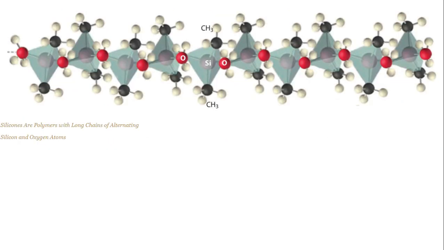In this figure we see that silicones are long chains of alternating silicon and oxygen atoms, terminated by methyl carbon atoms.